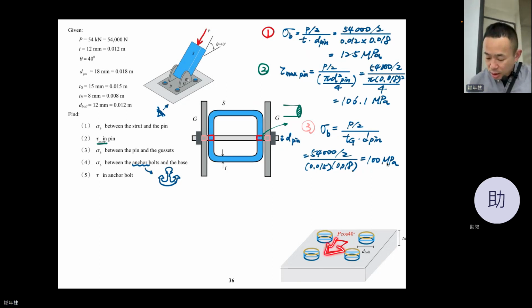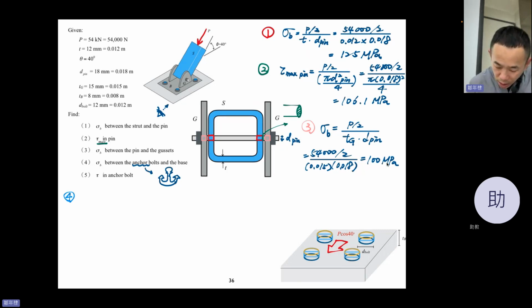But the horizontal force, which is p cosine 40 degree, needs to be stopped by 4 anchor bolts. So you can imagine that 4 anchor bolts have 4 rectangular projection areas to stop that p cosine 40 degree, which is the light blue. Okay, light blue. So we have 4 light blue areas.